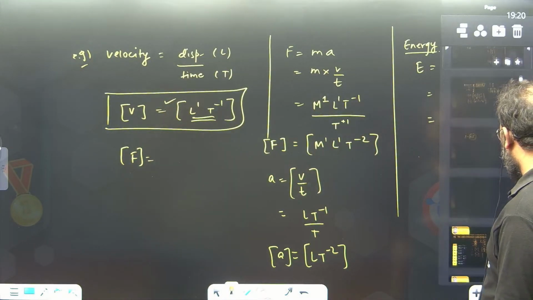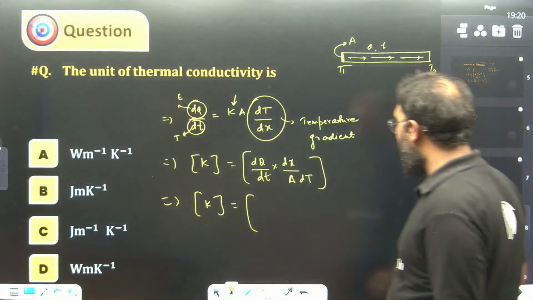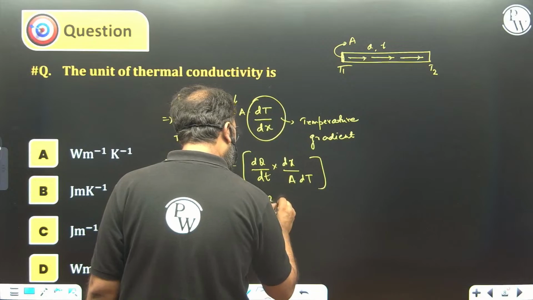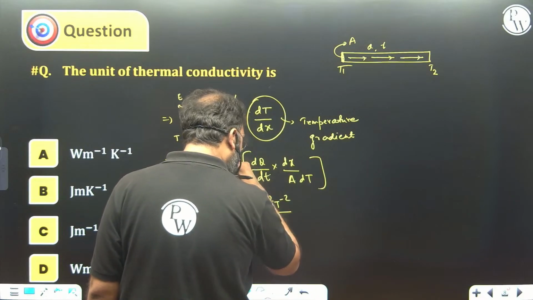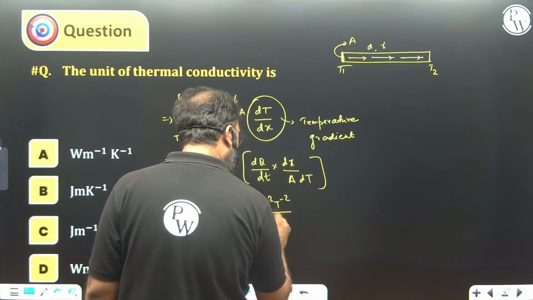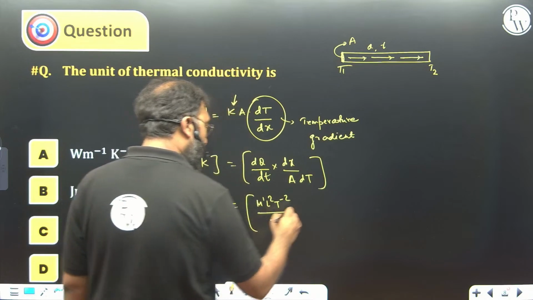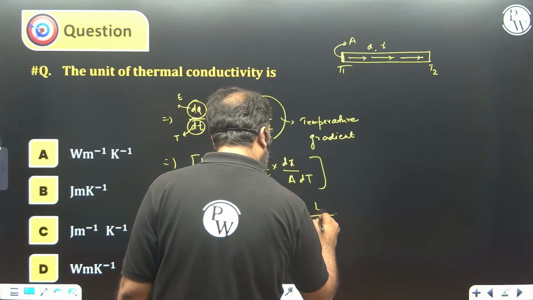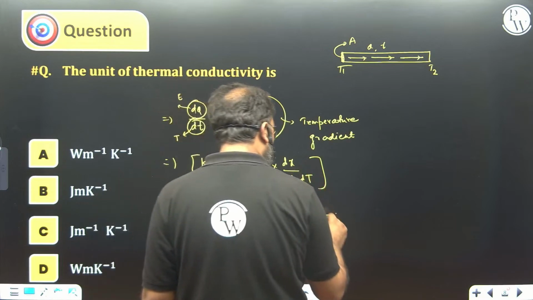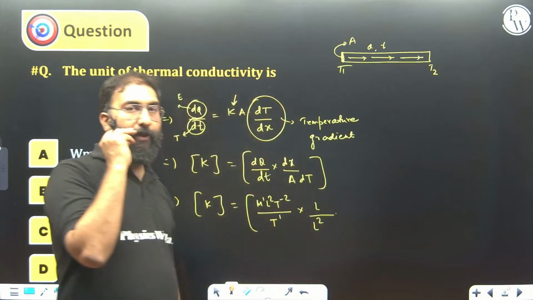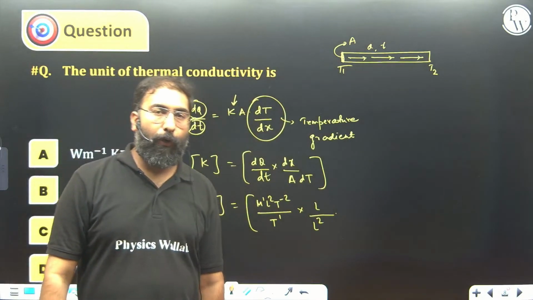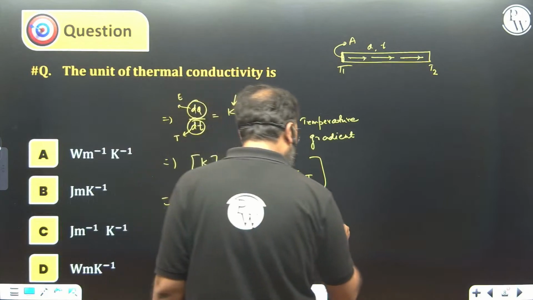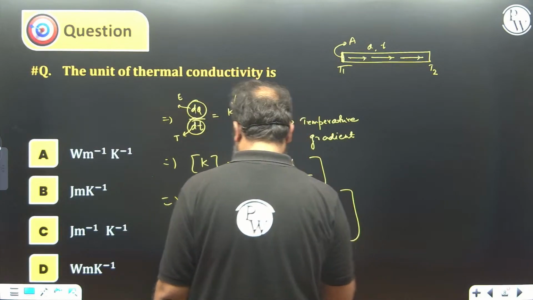So I'm going to use this: M1 L2 T minus 2 divided by T1, dx is length only, divided by area, which is length squared, and this dT is change in temperature. Change in temperature will have the same dimension as temperature, and that is Kelvin, so I'm writing K here.